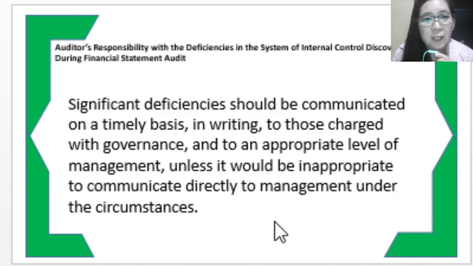Okay, so significant deficiencies should be communicated on a timely basis, in writing, to those charged with governance and to an appropriate level of management, unless it is inappropriate to communicate directly to the management under the circumstances. So again, it should be communicated on a timely basis in writing and to the appropriate level of management.